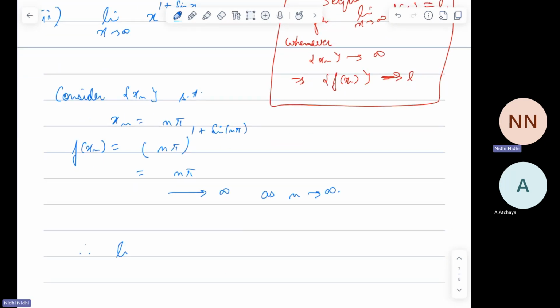Therefore, limit n tending to infinity f(xn) obviously does not exist, since the sequence is going to infinity.